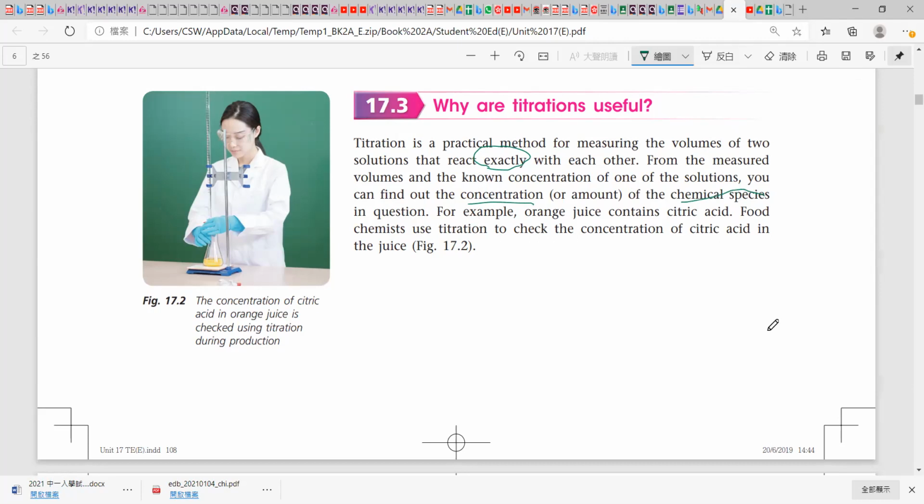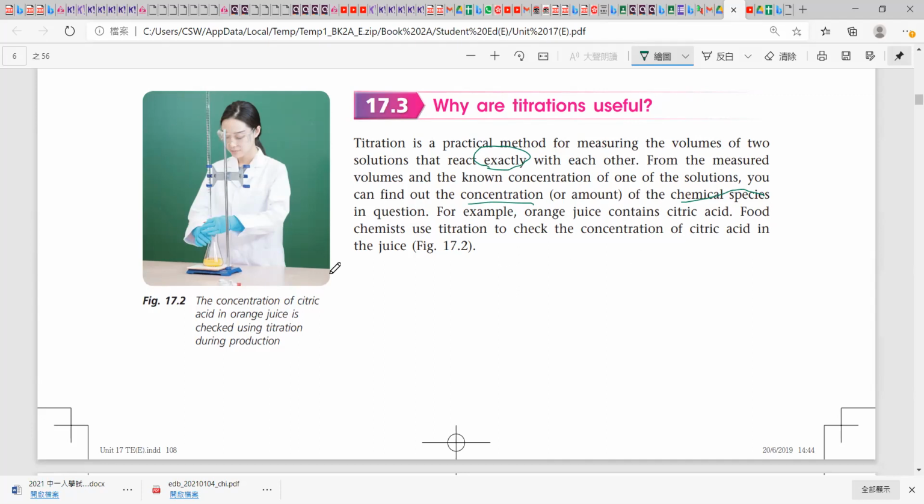This titration method gives you various applications. For example, determine the number of moles of acid, or the amount of vitamin C, inside some fruit juice. You may use that type of method.